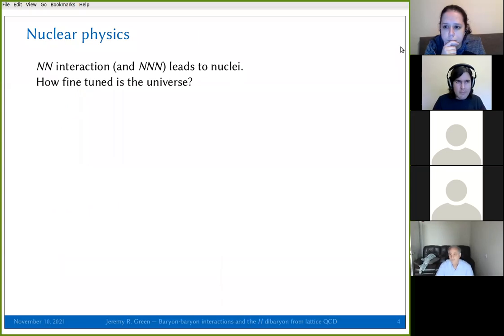Now, nuclear physics is something that we would like to be able to study from first principles. The interaction between nucleons gives rise to all of nuclear physics. One question that we could potentially answer through ab initio calculations is how fine-tuned the parameters of the universe are.